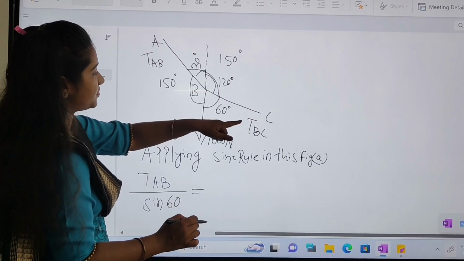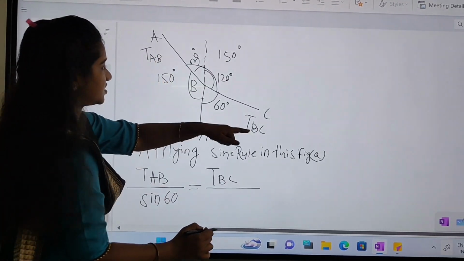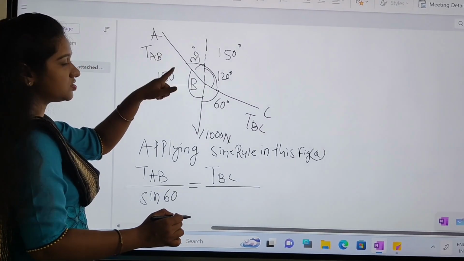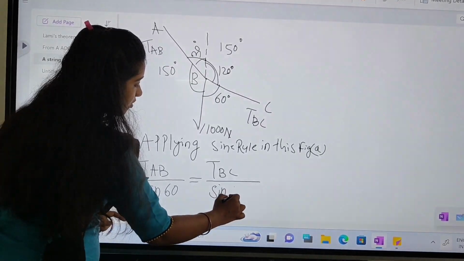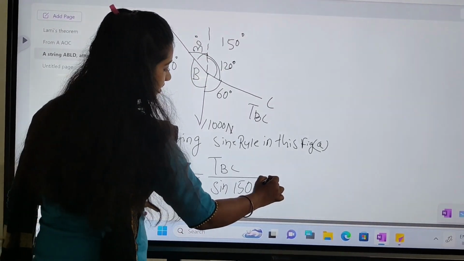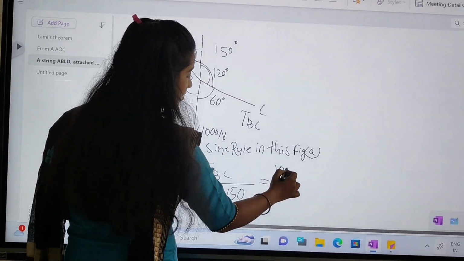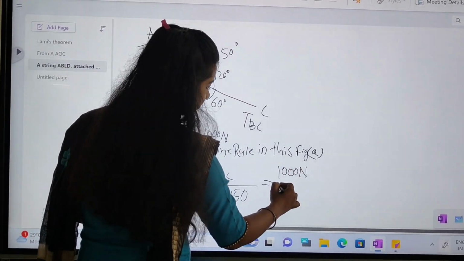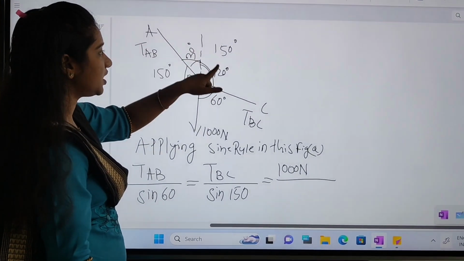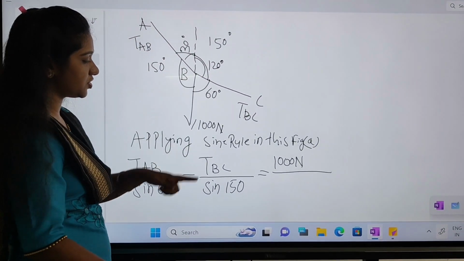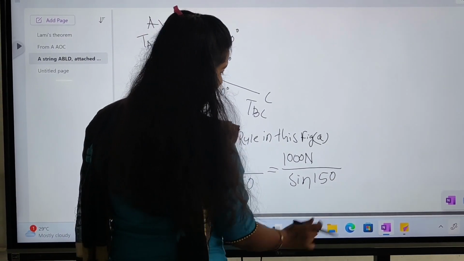Next, TBC. This side is proportional to this angle. This angle is 150, so we write down here sine 150. Next, this one is already given, 1000 newtons. So we write down here 1000 newtons. This side is proportional to this whole angle, which is 150 degrees. So here we write down sine 150 degrees.